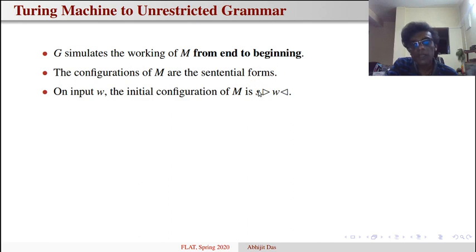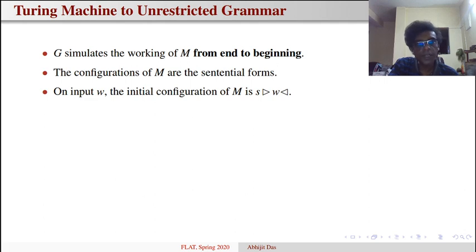The machine will move past W, put that right end marker, once again come back here and go to the earlier start state. So this is not a loss of generality. So I assume from the beginning that this right end marker is there. If not, we can handle it.